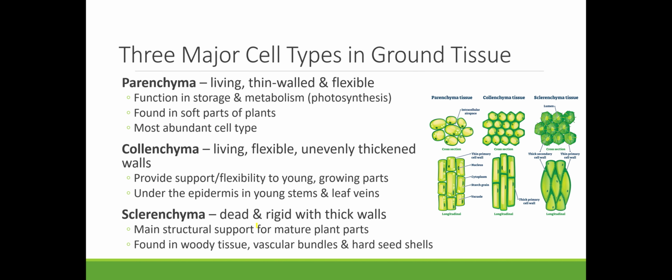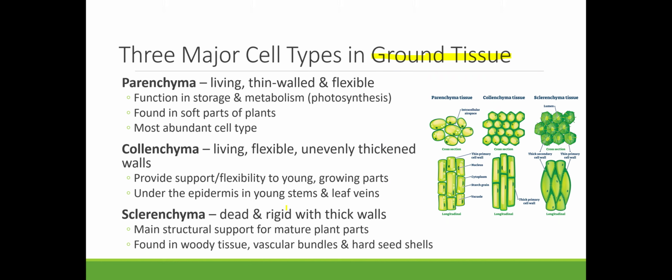All right, so we've taken a look at two major plant systems. We looked at three major organs, four major tissues, and now we're going to look at some cell types. Now these are not the only cell types. These are specifically some cell types that you'll find in the ground tissue, that filler tissue. Each of your plant parts are going to have their own specialized cells.